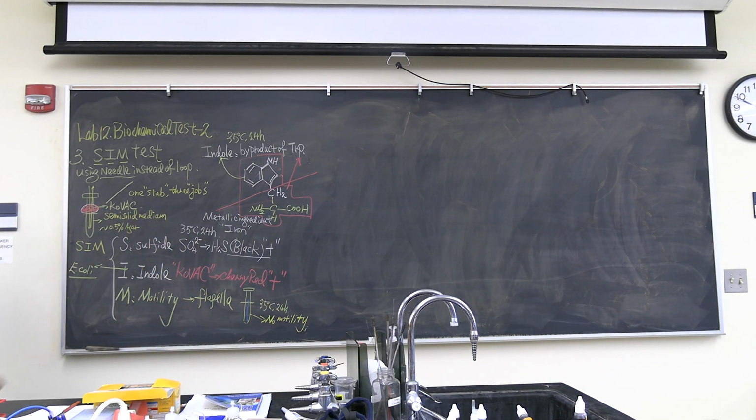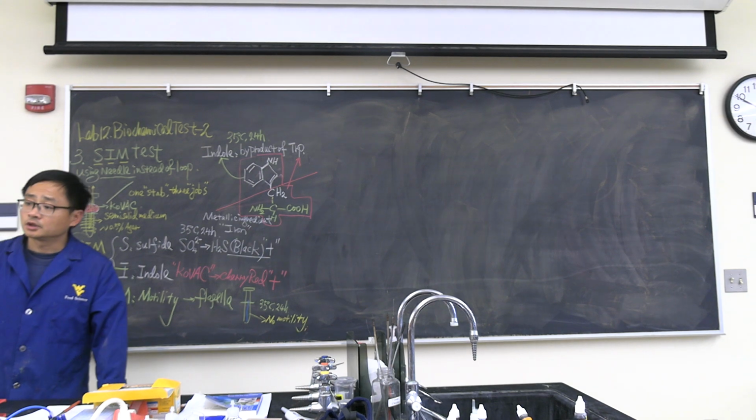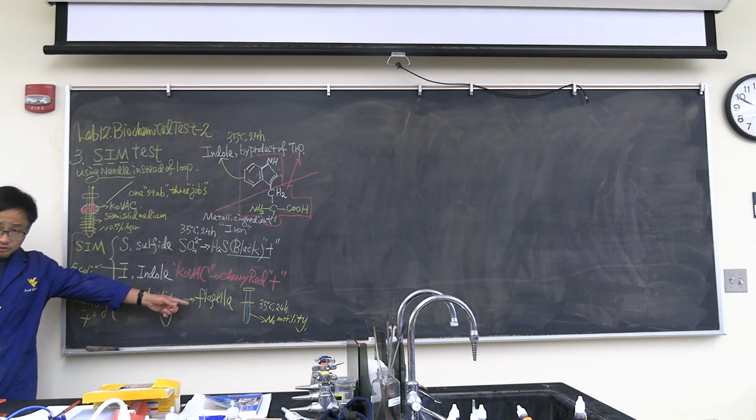In other words, if you see the bacteria go everywhere, that is motility positive. In other words, it's very possible the flagella arrangement is peritrichous.